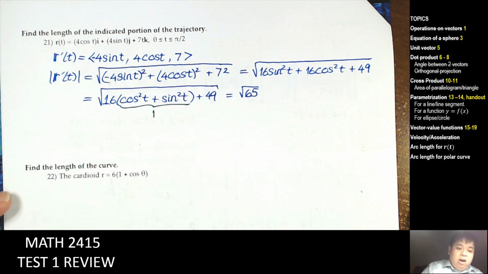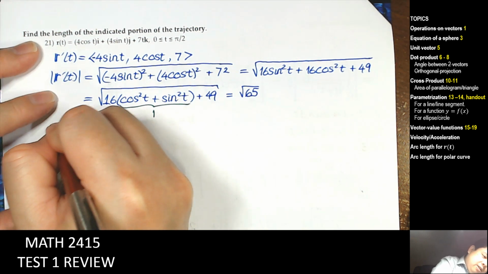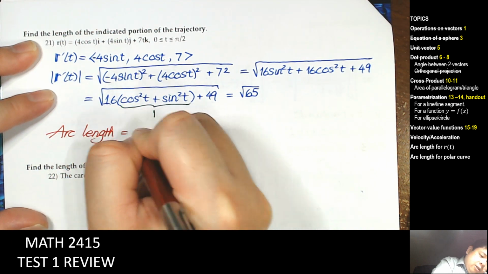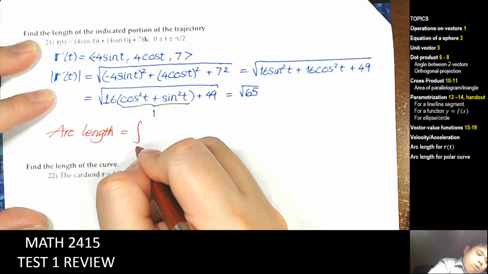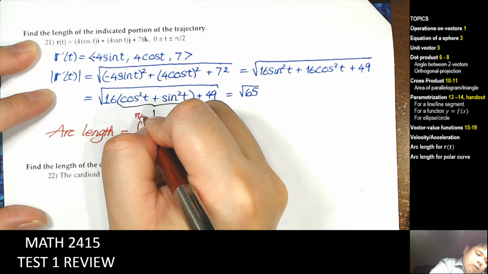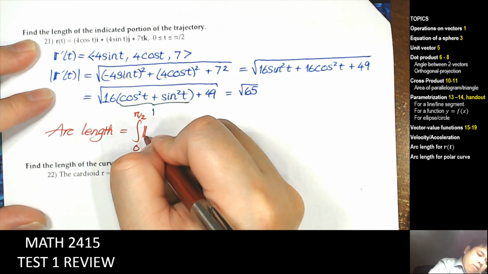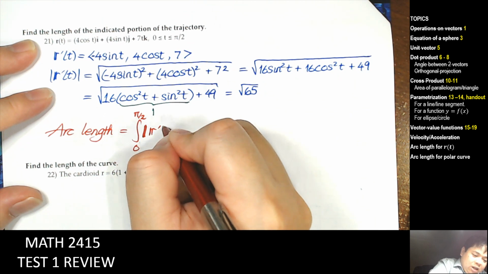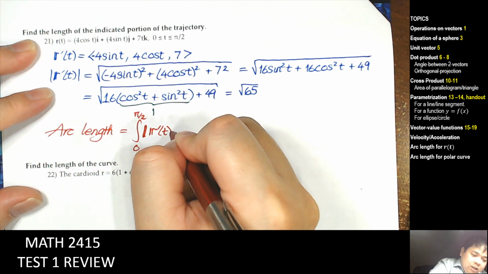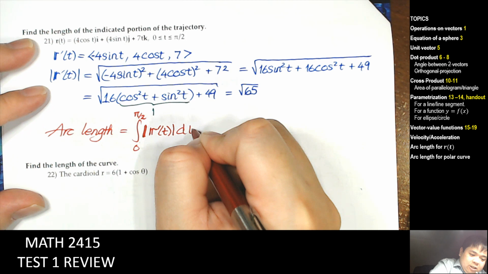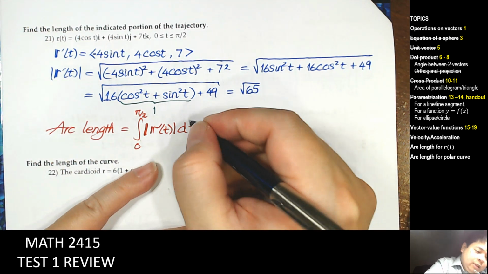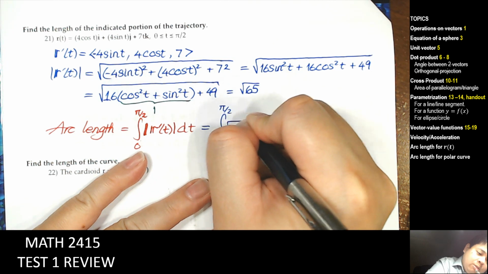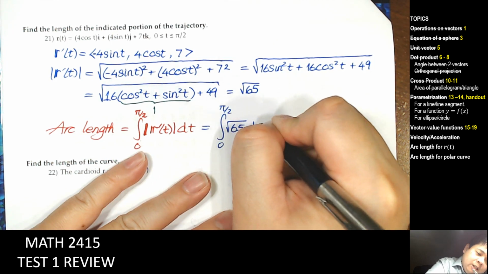And then we just find the arc length. Integral from 0 to pi over 2 of the magnitude of the tangent vector. So 0 to pi over 2, square root of 65 dt.